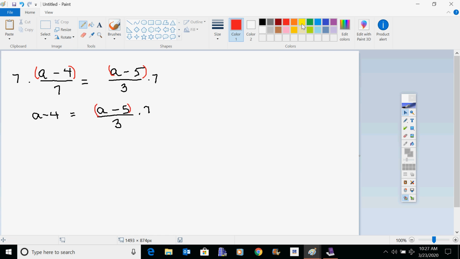And then in order to get rid of this 3 divided by 3, you'd have to multiply both sides by 3. I've got my group here, so I'm going to multiply by 3. And so the 3s would cancel out, and I'd be left with over here 3 times a minus 4 equals 7 times a minus 5.